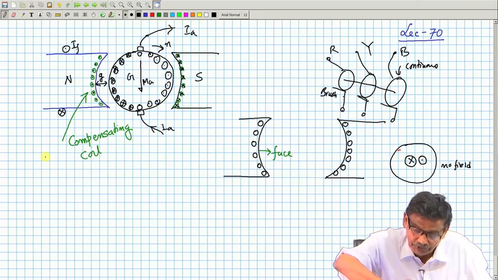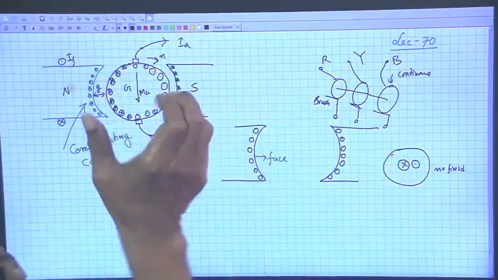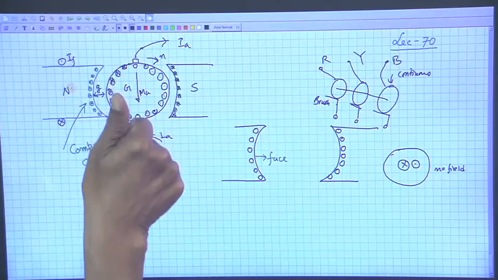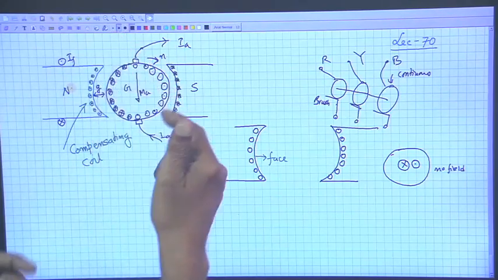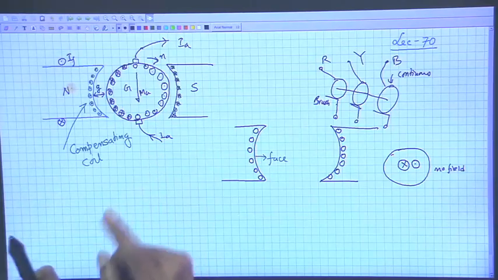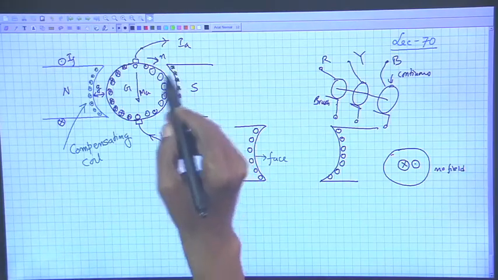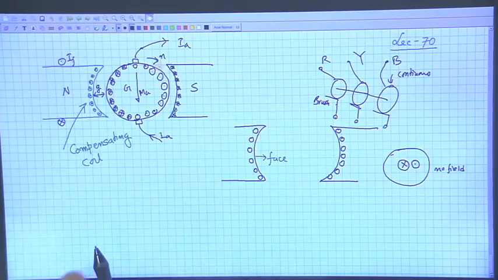So, armature was producing flux like this, compensating coil will produce flux in the opposite direction and they will nullify. They will be in a position to nullify provided this compensating winding is connected in series with the armature.